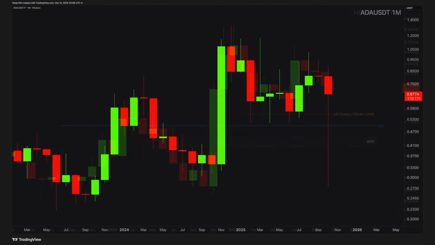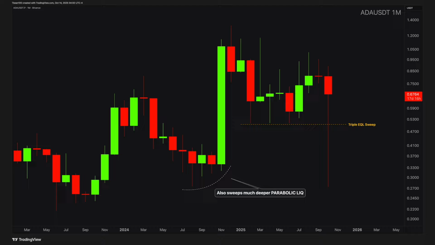And check this out, another coin did the same thing. This time the triple equal lows got taken out hard, and it went so deep it even cleaned up this whole parabolic liquidity area as well.